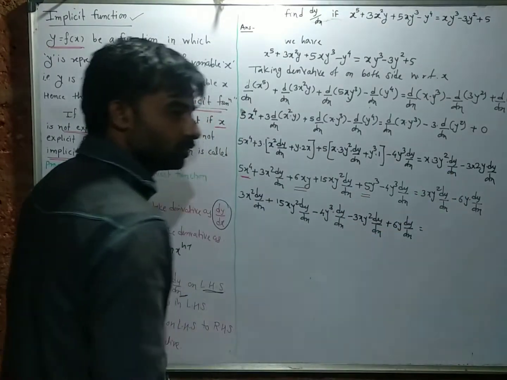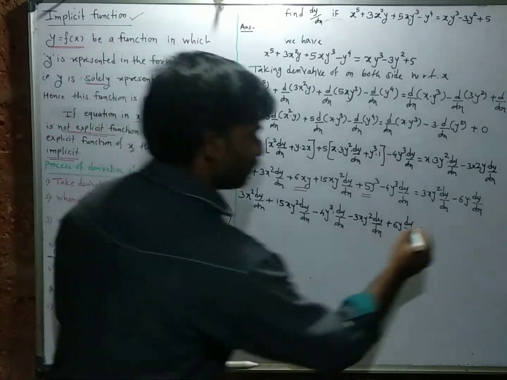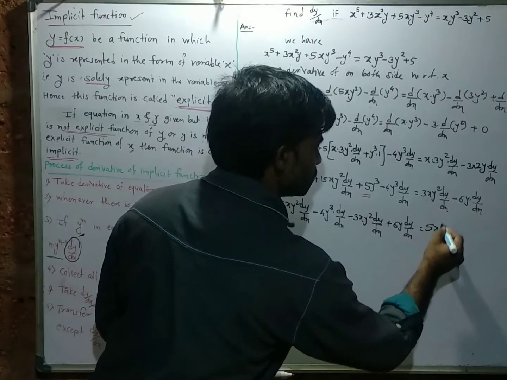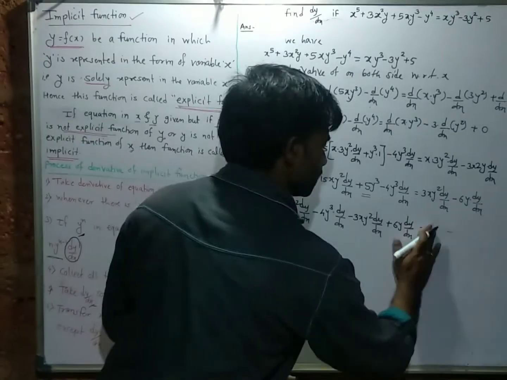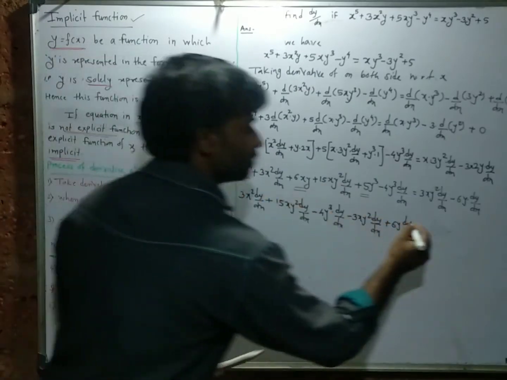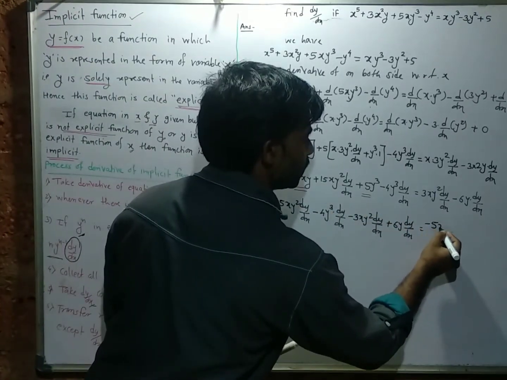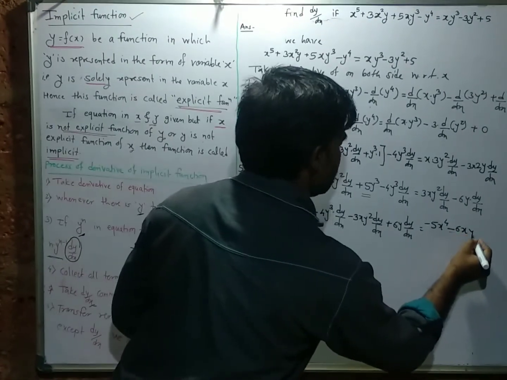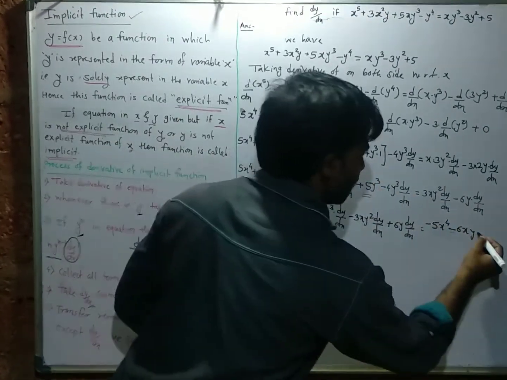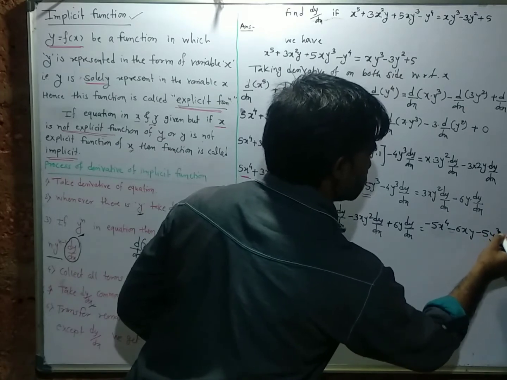Those are transferred to the right hand side, so it becomes minus 5x raised to 4 minus 6xy minus 5y cube.